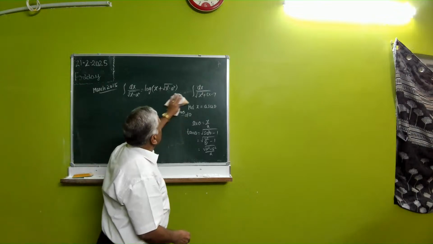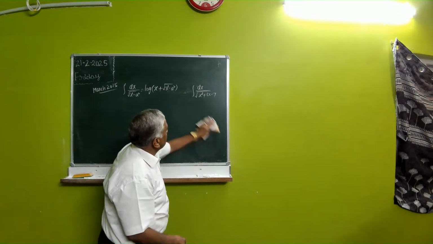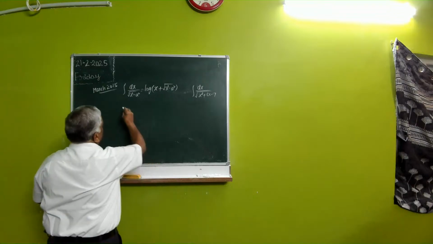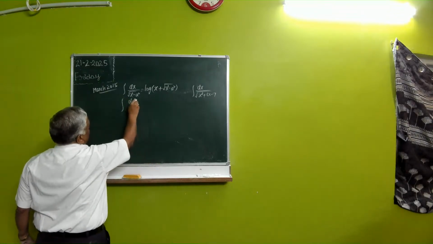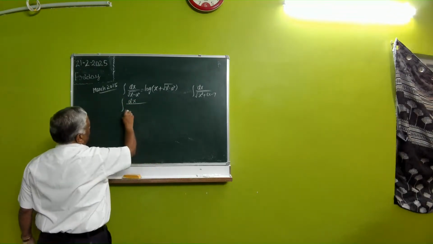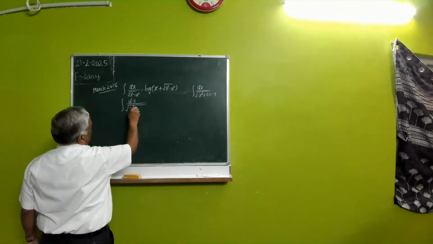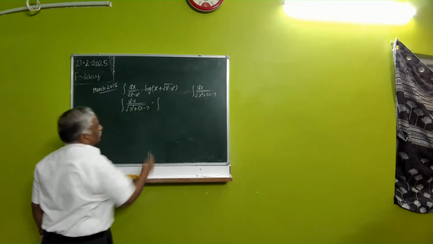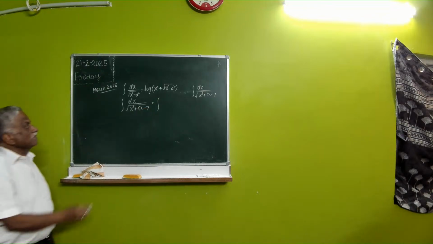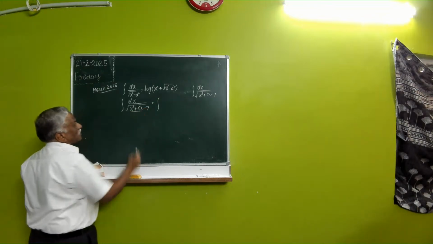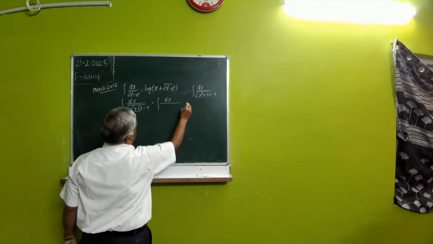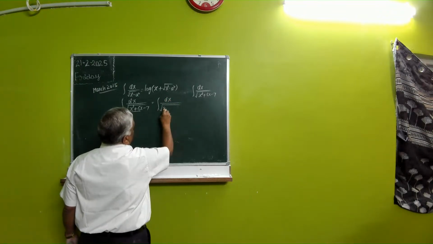What's the problem given? The problem given is dx over square root of x square plus 6x minus 10. I've explained the completing square method. Always look at the first two terms. You can write this as x plus 3 whole square.